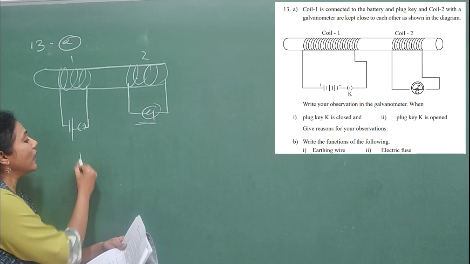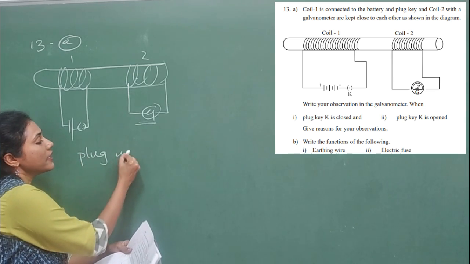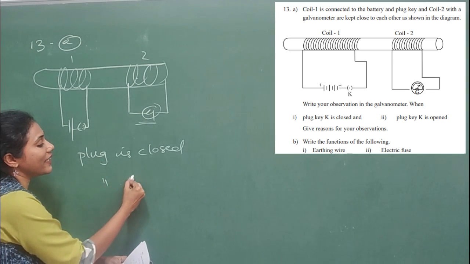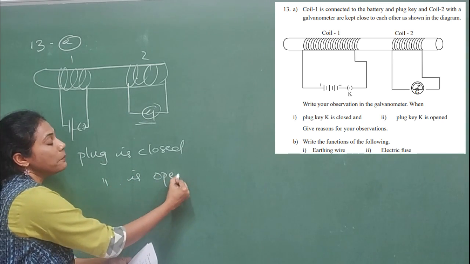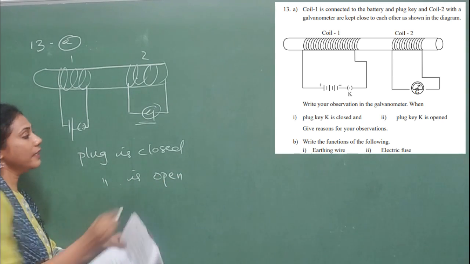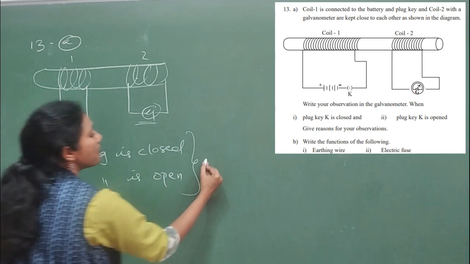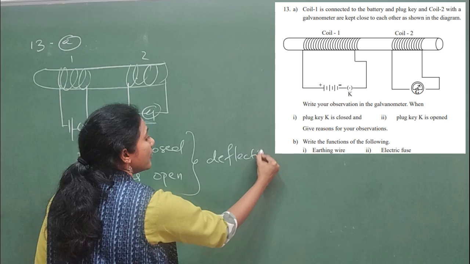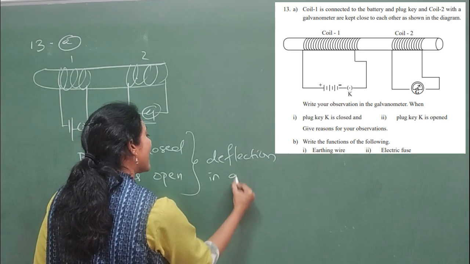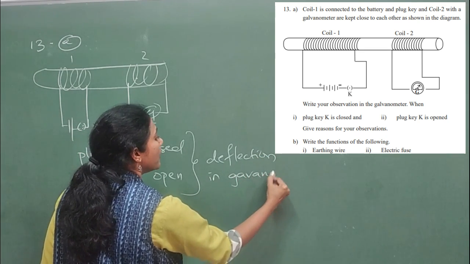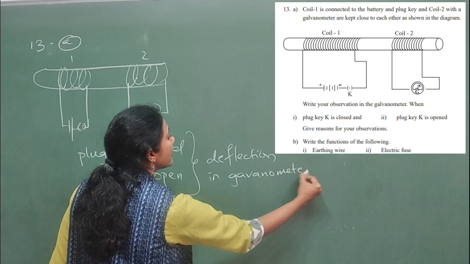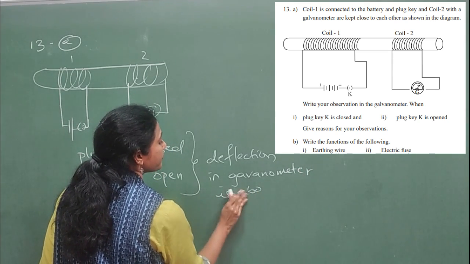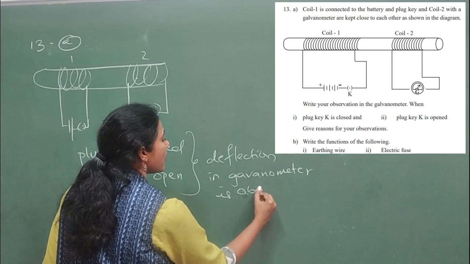and when plug key is open. In both cases, you will observe, so what will you write as your answer? Deflection in galvanometer is observed.